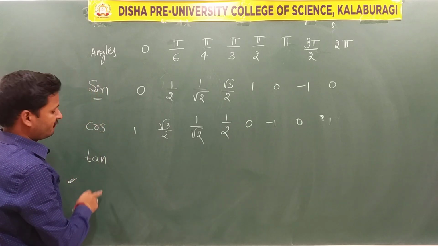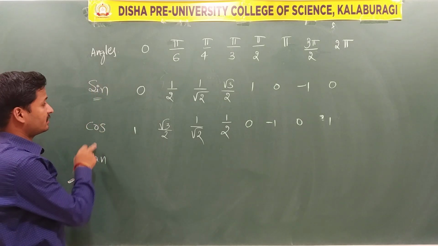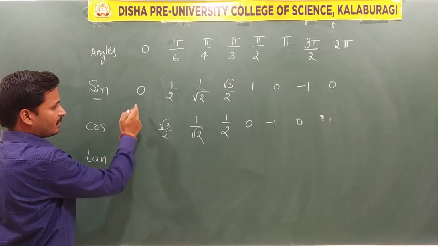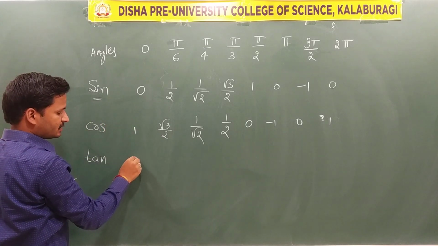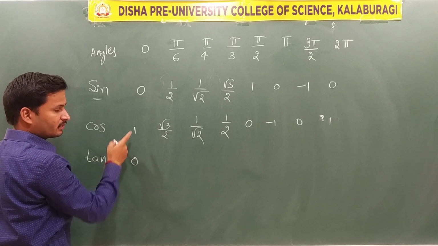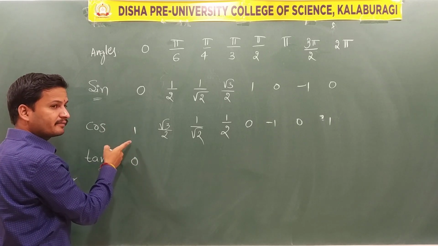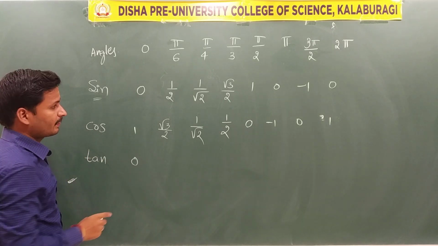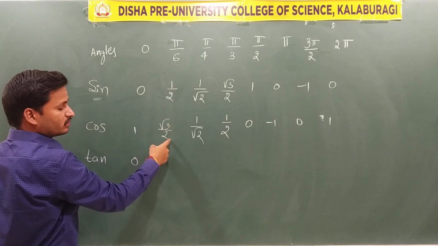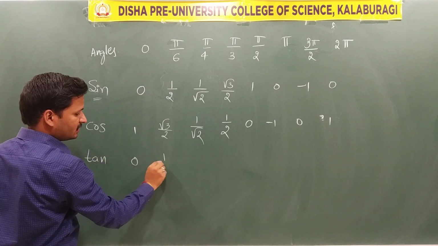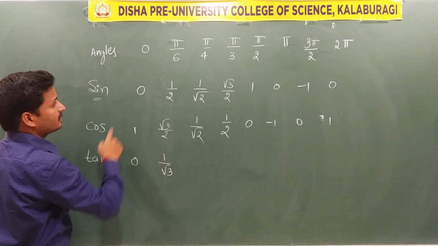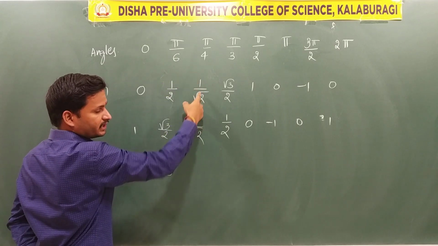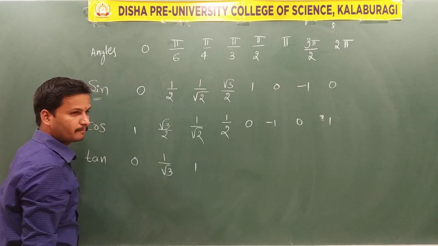And next the tan function. The tan function is a ratio of sin theta to cos theta. Just divide these values. 0 divided by 1 is 0. 0 divided by anything is always 0, provided the denominator is not equal to 0. Next 1 by 2 divided by root 3 by 2, so 1 by root 3. So tan 30 degrees is 1 by root 3. Next tan 45 degree, take this ratio, 1.